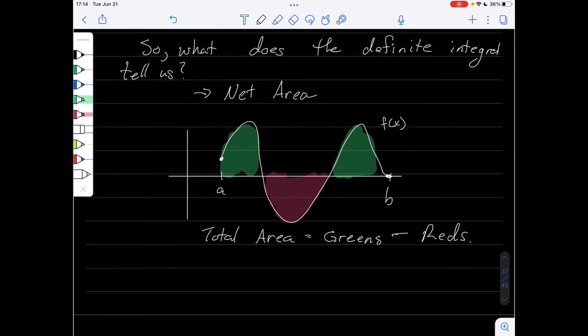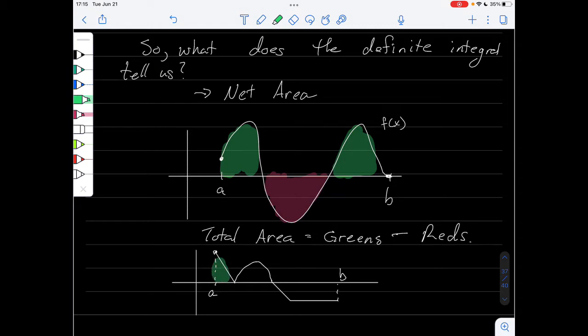So if we were to look at an example here of, say, a function that starts up here and goes down, this is a, and then we have a semicircle here, and then we kind of go down, and then we go flat. And we end here at b. Okay, well, what are we going to add?